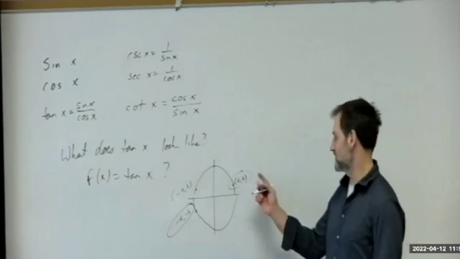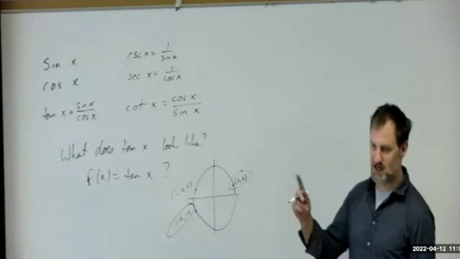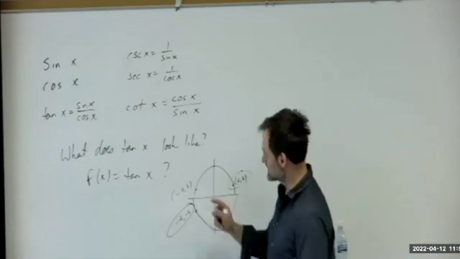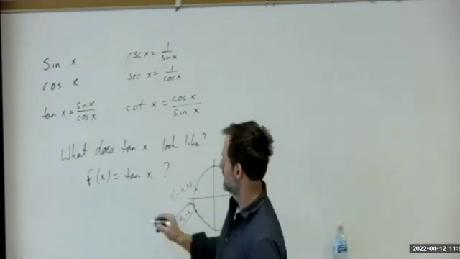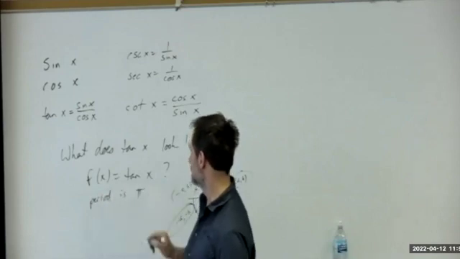Because if you take the y value divided by the x value, it's B over A. This is B over A, because I got a negative divided by a negative. So basically, first of all, the period is pi, not 2 pi.